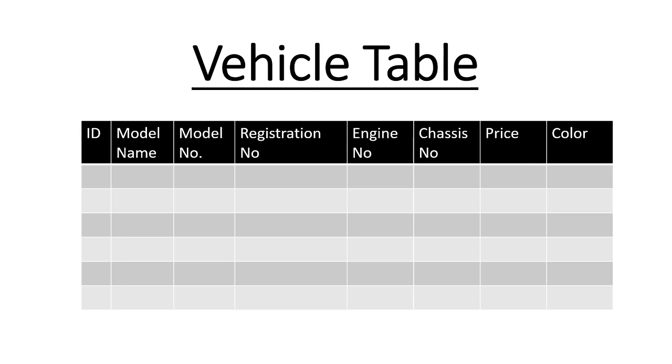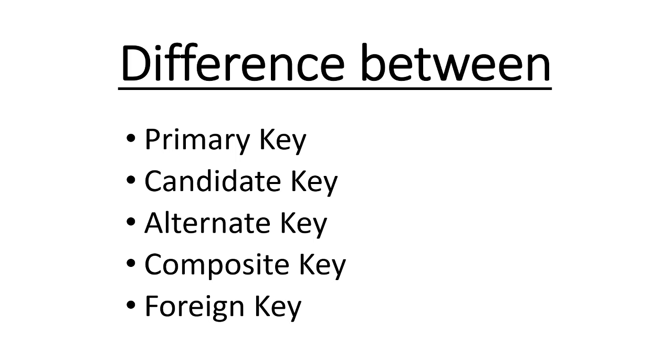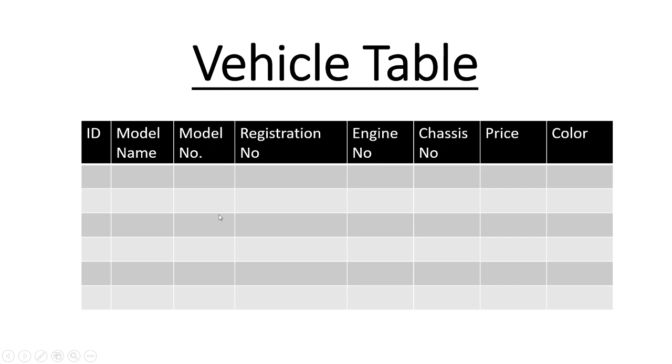Now, to understand what exactly a candidate key is, I'll go to the previous slide. We're going to understand the difference between the primary key, the candidate key, and the alternate key. So what is a candidate key? Candidate keys are the keys which can be set as primary key, or which are eligible to become a primary key.